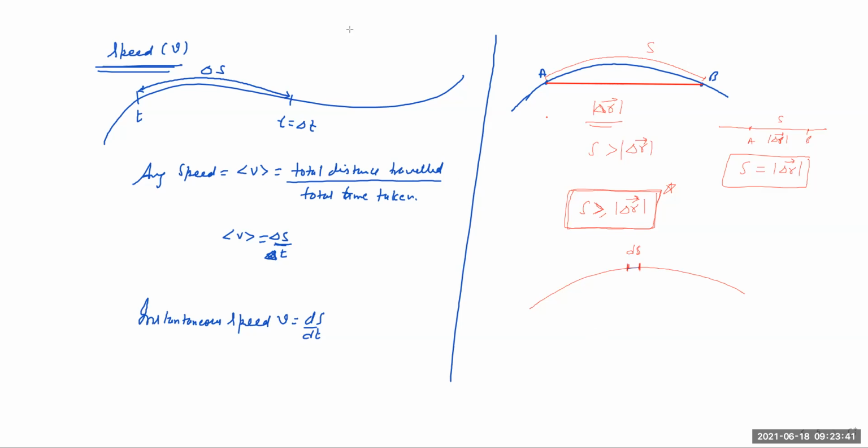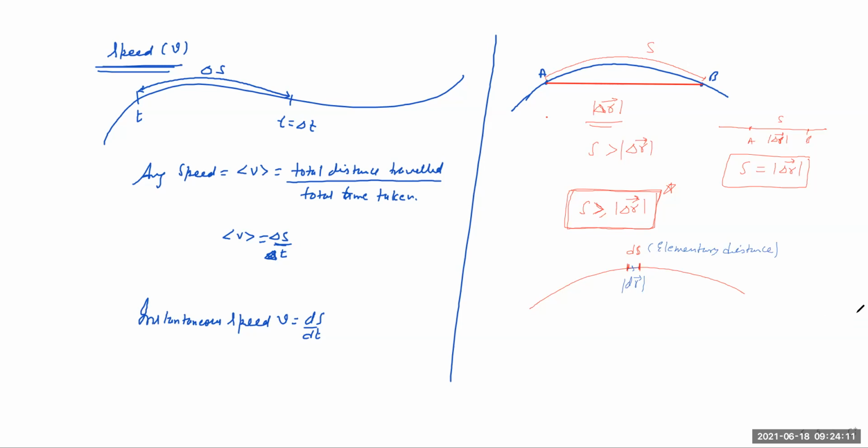So when things are really small, this is called elementary distance, like elementary angle. If it is the elementary distance, the smallest distance that you can imagine, then dr, the elementary displacement modulus, both become the same. There is no distinction between ds and dr in terms of value.